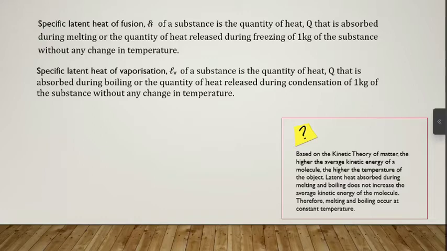And the specific latent heat of vaporization, Lv, of a substance is the quantity of heat Q that is absorbed during boiling or the quantity of heat released during condensation of 1 kg of the substance without any change in temperature. So we know that the specific latent heat is divided into two types: the specific latent heat of fusion and the specific latent heat of vaporization.